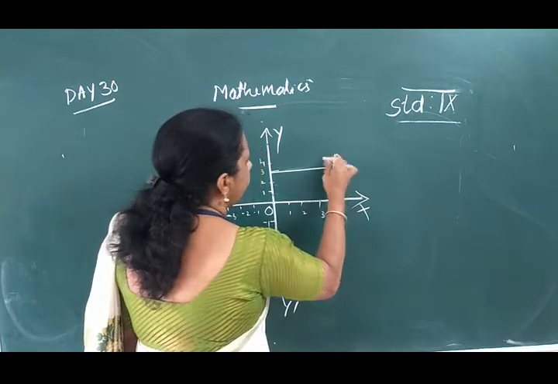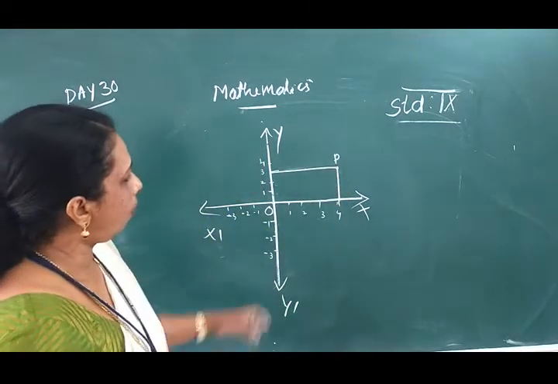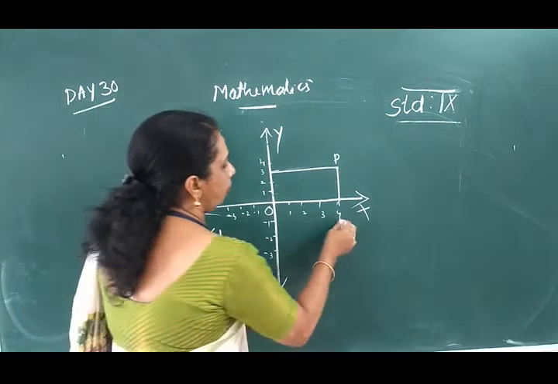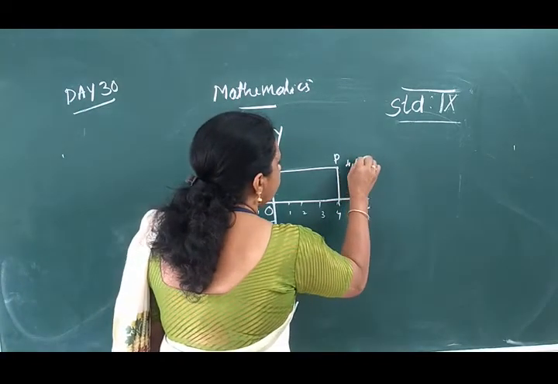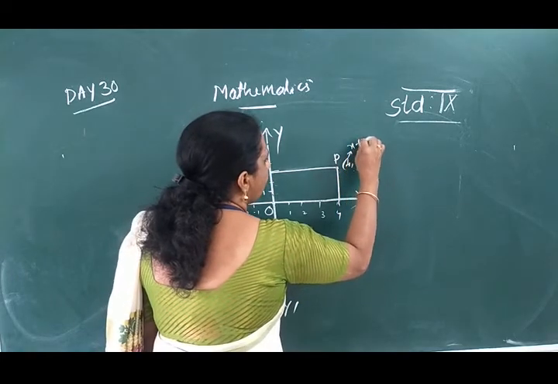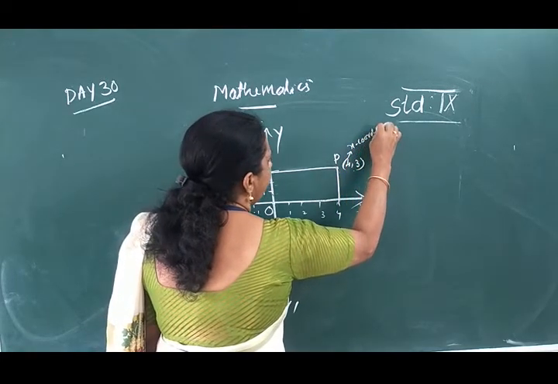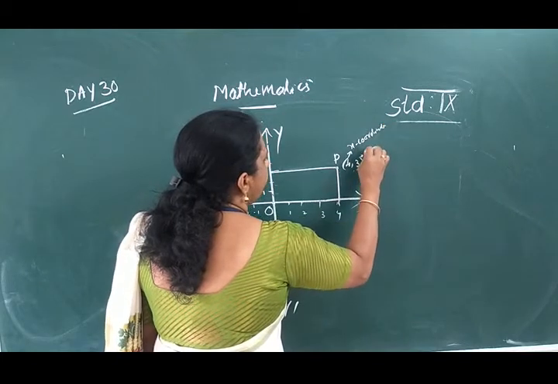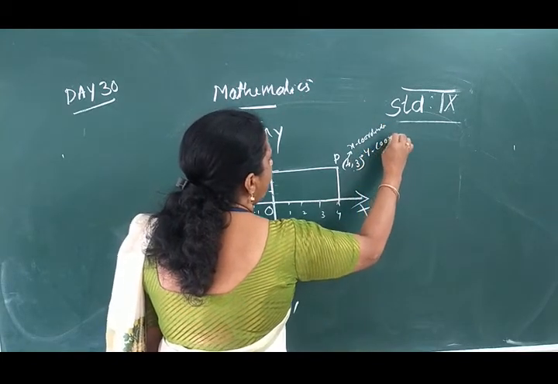I am calling this point P. The coordinates of this point are 4, 3. This 4 is called the x coordinate and 3 is called the y coordinate.